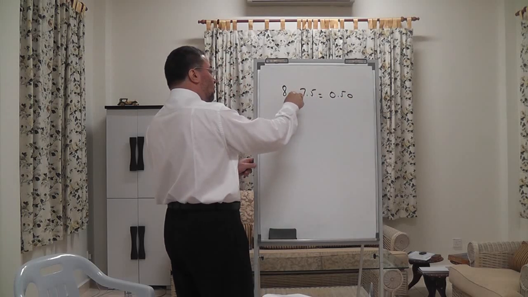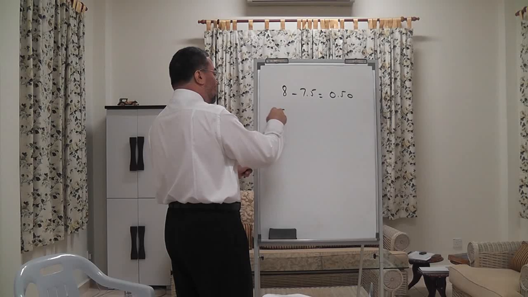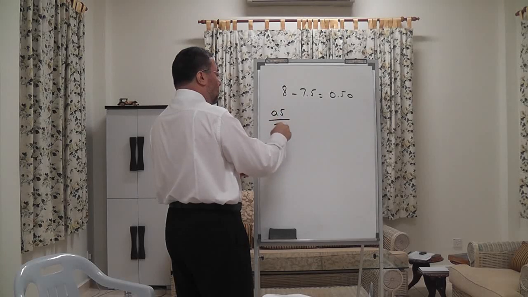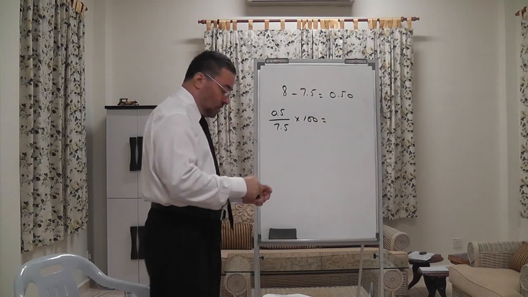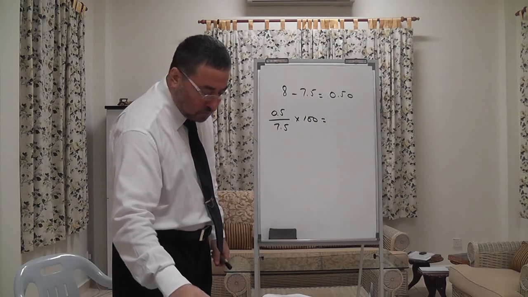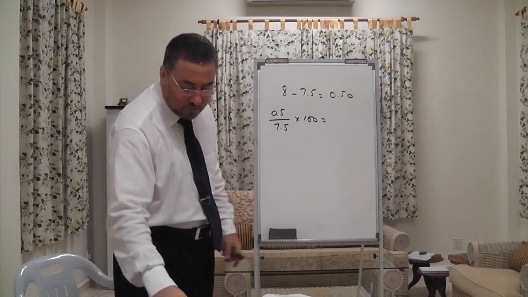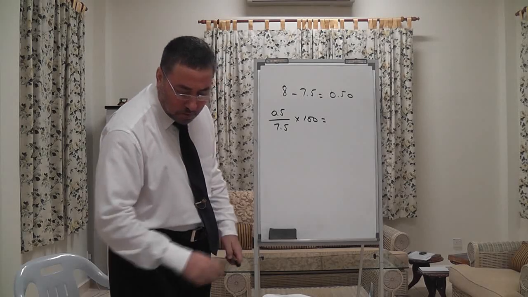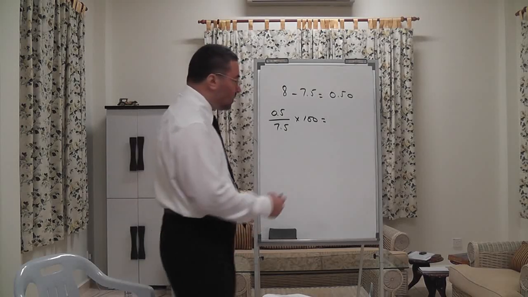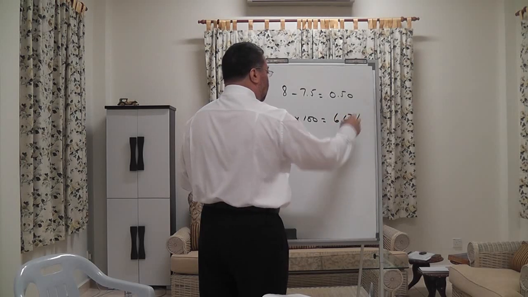And that's compared to the original wages, and that will be 0.5 over 7.5, and you want this in percentage, so you multiply by 100. So here right away we divide 5 by 75, and that's 6.67 rounded percent.